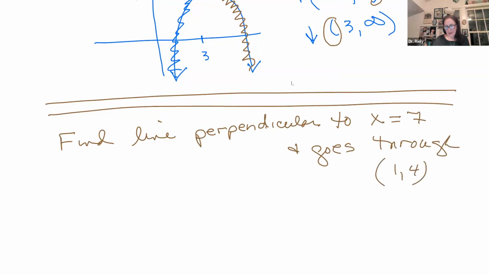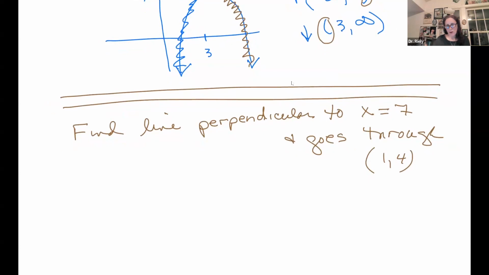Okay, so if you think about that, the first thing I would do is draw that line x equals 7. So here's my xy axis, here's my 7, and here's the line x equals 7.